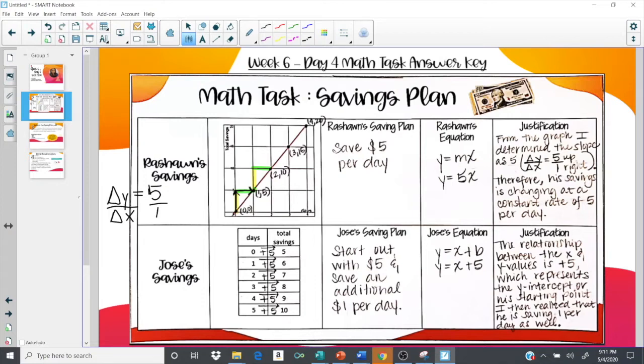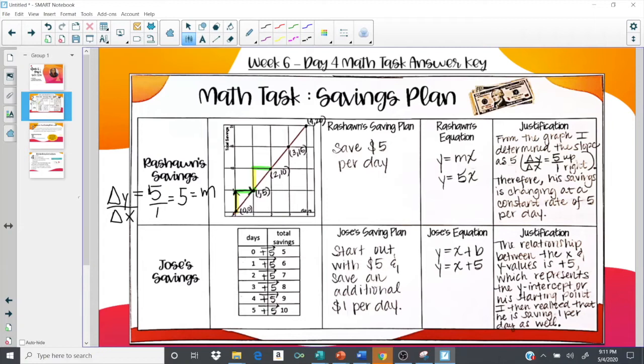Change in y is positive 5, we went up 5, and change in x is a positive 1, because we went 1 to the right. So the slope is 5 over 1, or 5 divided by 1, which is equal to 5. And that represents your slope.